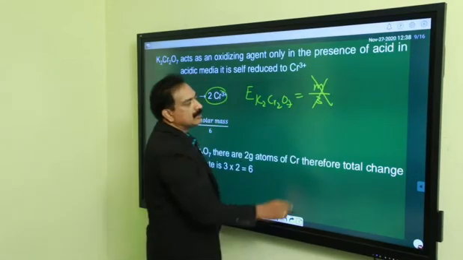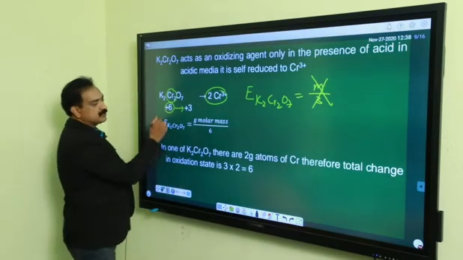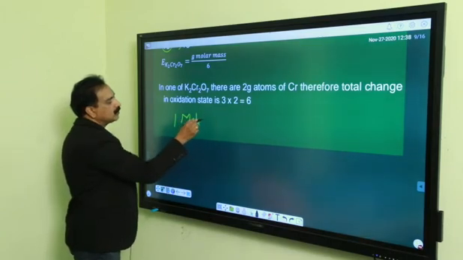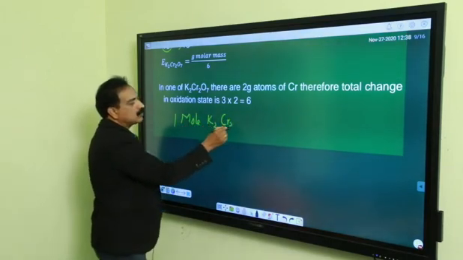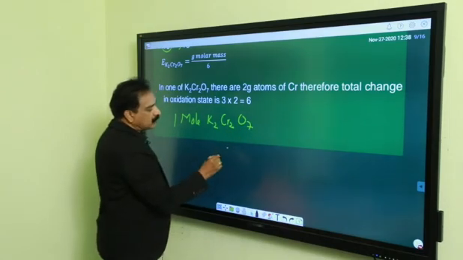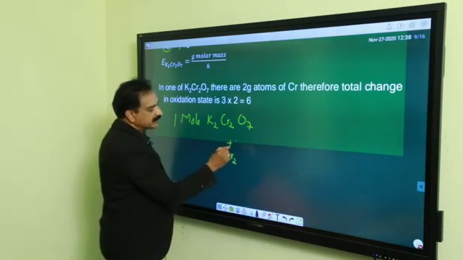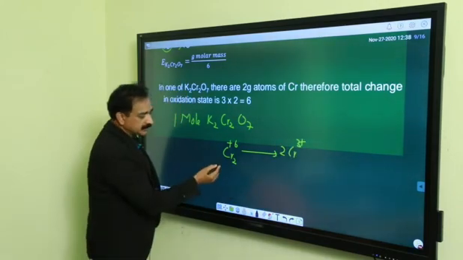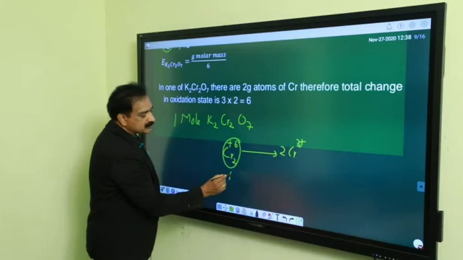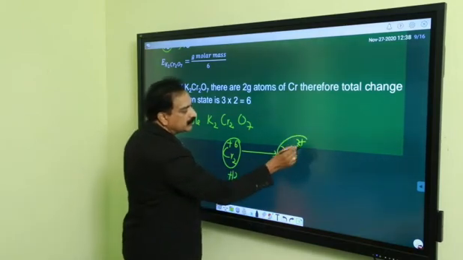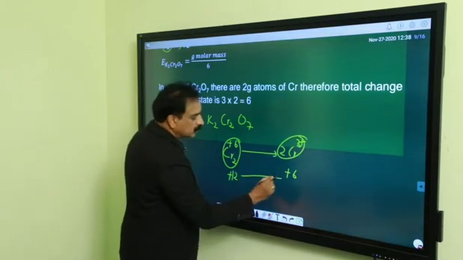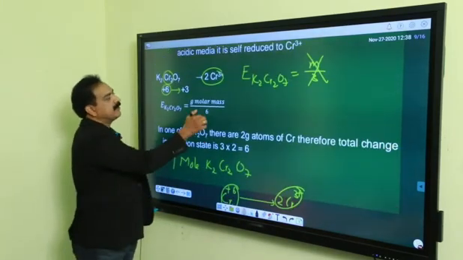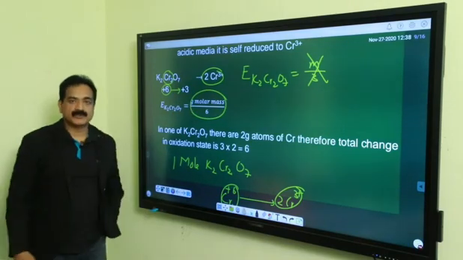This is wrong, because in 1 mole of K2Cr2O7 we have 2 chromium. So it is Cr2 at +6, converted to 2 Cr at +3. So it is 6 into 2 = 12, and 2 into 3 = 6. The total change in oxidation state is 6. So the equivalent mass is given by M by 6. You should be careful here.